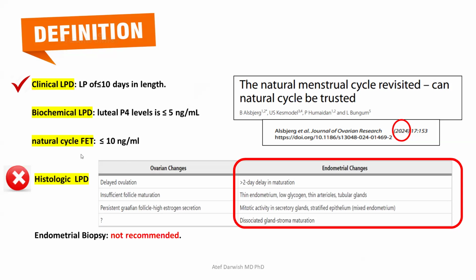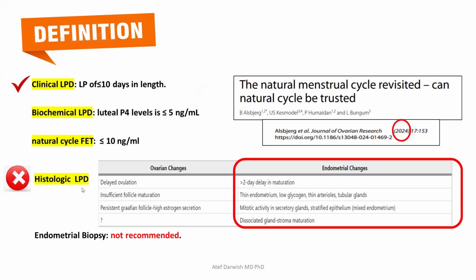And in natural cycle frozen embryo transfer, it should be 10 nanograms or more. If it is less than 10 nanograms, this is an indication to continue progesterone supplementation before embryo transfer.